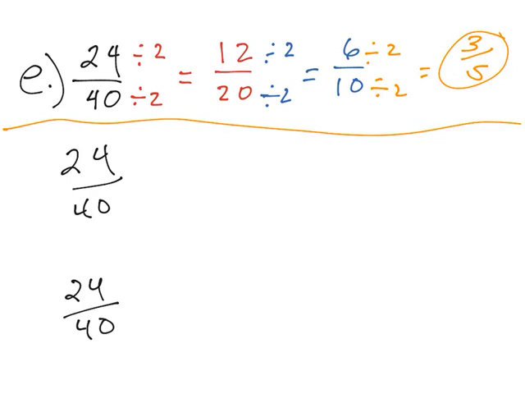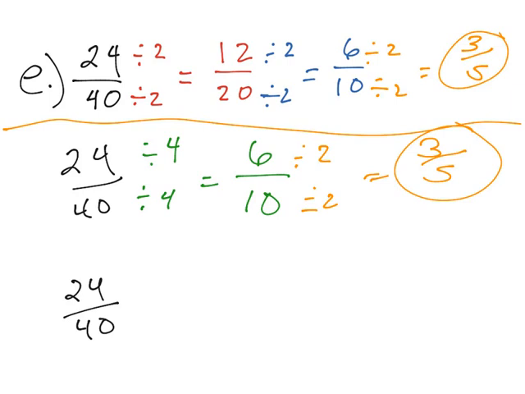The second way you could do this is maybe you looked at 24 and 40 and said, hey, those are reducible by 4. 24 divided by 4 gives me 6. 40 divided by 4 gives me 10. And we both know that 6 over 10 reduces to 3/5.